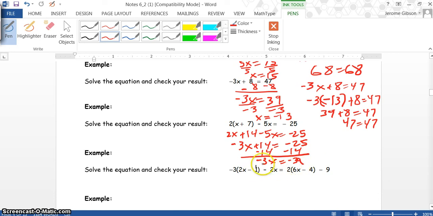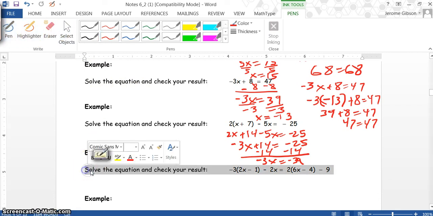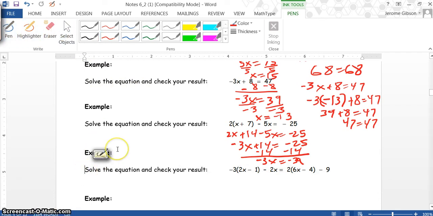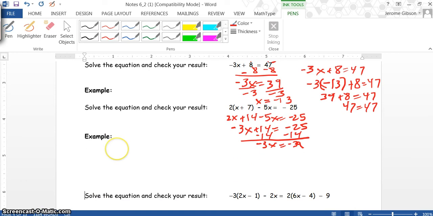Now we will divide this out here. Now we know that we would divide both sides by negative 3. But let me move this down a little bit so we'll have a little bit more space. All right. Now, so we'll divide each side by negative 3. And then we will have x is equal to 13.